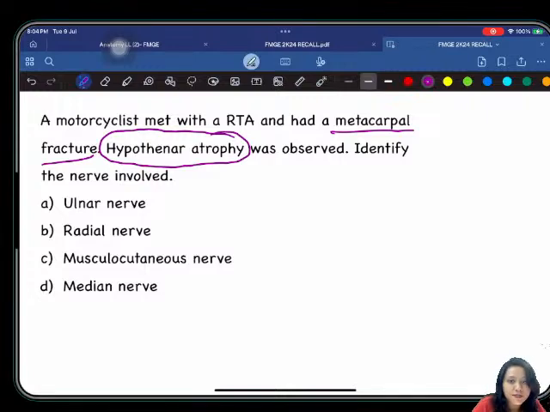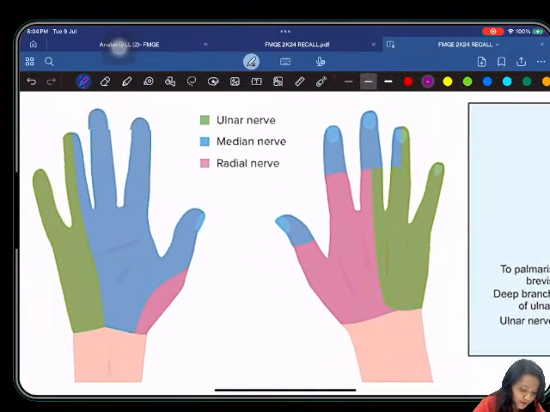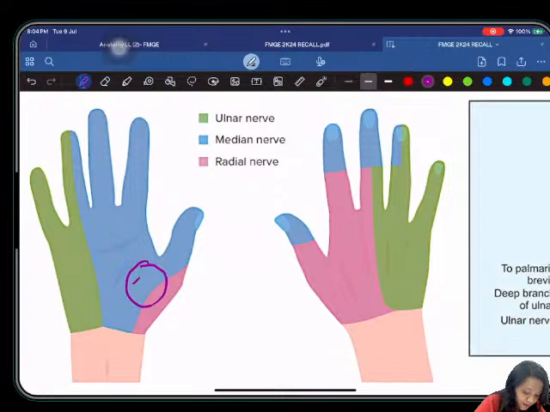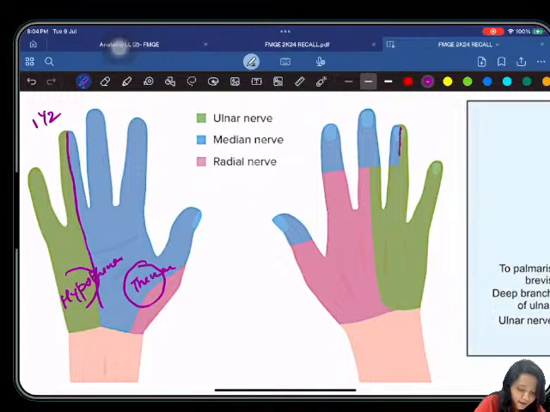Before this, let us study the hypothenar and thenar nerve supply. In this image you can see this area is the thenar area, and this is the hypothenar. On the palmar aspect, the medial 1.5 fingers, up to the nail bed on the dorsum, are supplied by the ulnar nerve.